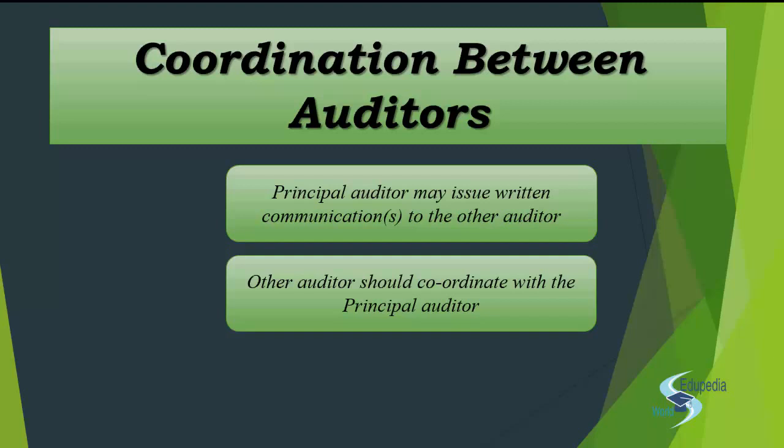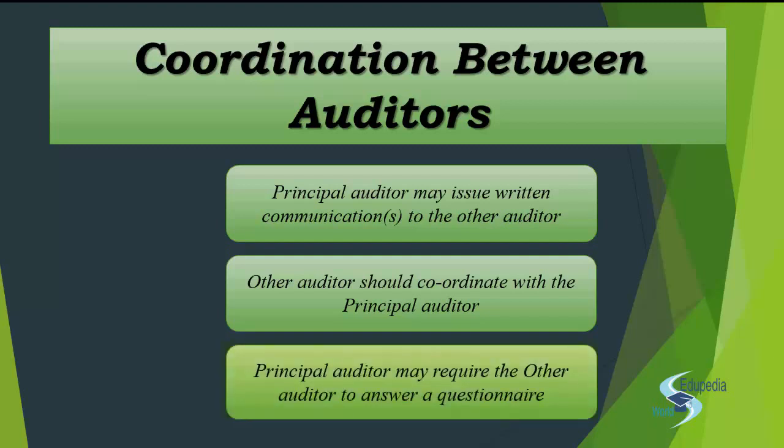Okay with that? Next you have the principal auditor may require the other auditor to answer a questionnaire. So basically what happens over here is the principal auditor will prepare a checklist, a questionnaire, that okay, these will be the specific questions included. Like there will be some general questions: what are the works you have performed, what are the areas that you have tested and the areas for which you are providing the information, right? Then the second general question is what are the kind of procedures you have performed for that, right?